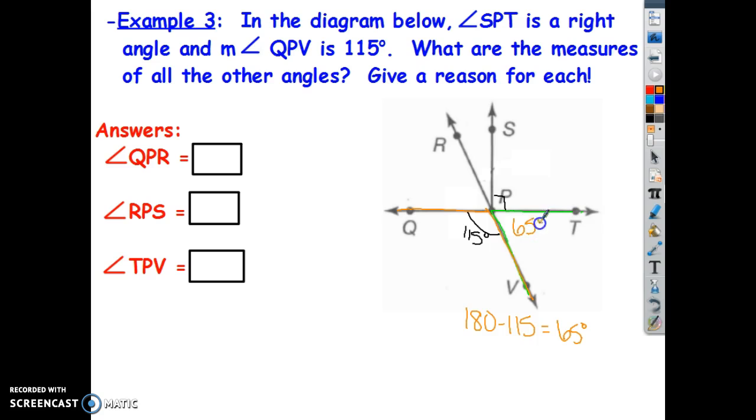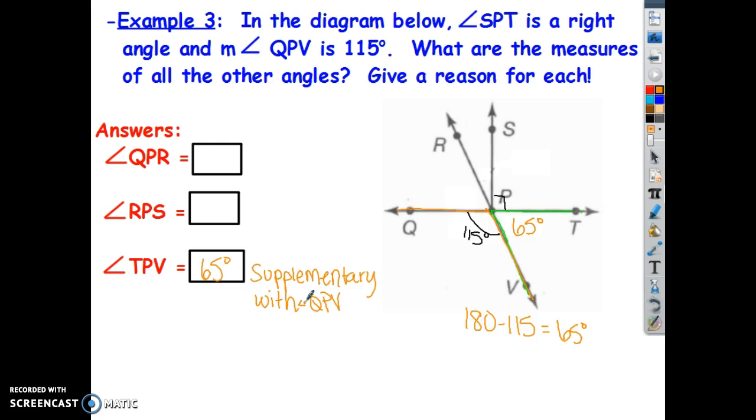So this is 65 degrees. And why? Because it's supplementary with QPV. So that's our justification. Make sure I include my angle sign.